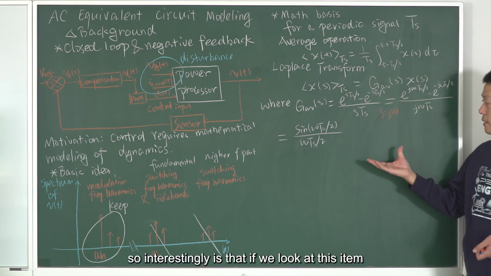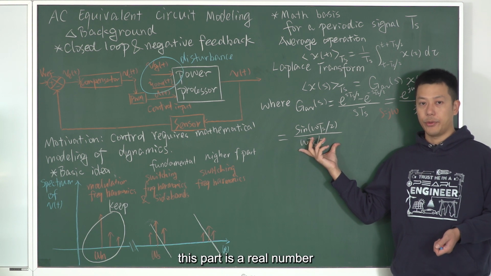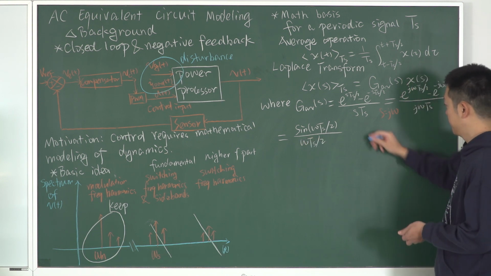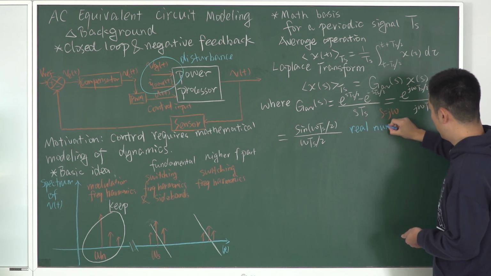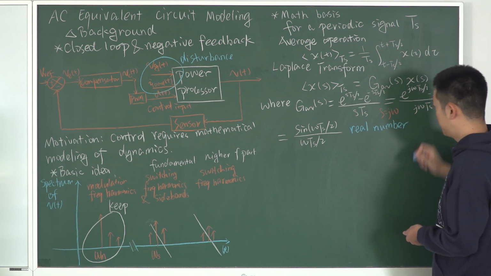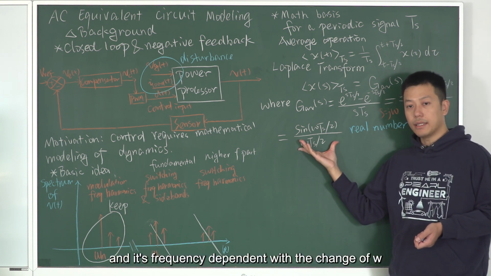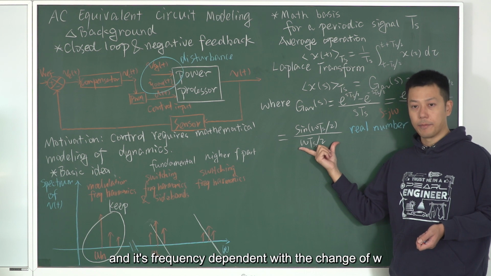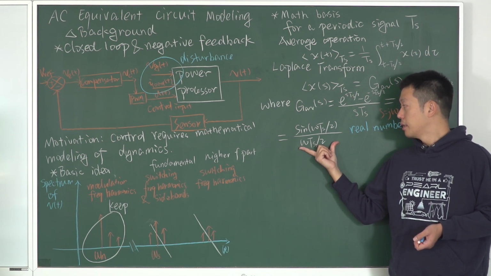Interestingly, if we look at this term, this part is a real number, and it's frequency dependent. With the change of omega, the value of this quantity will also change.